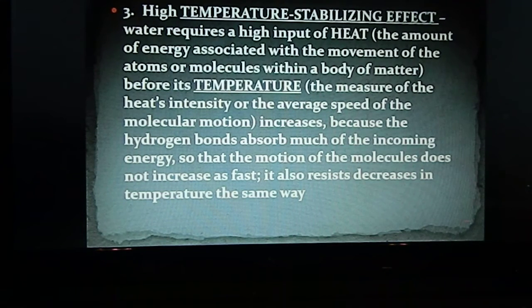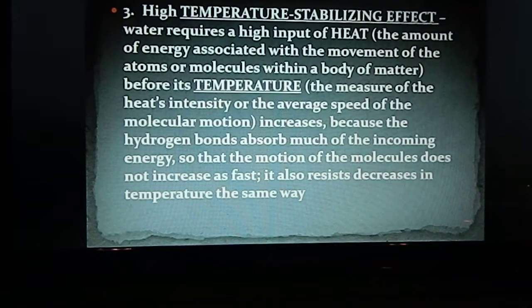So this temperature stabilizing effect is really important. Now, you do not do this, but if you put, for instance, ethanol in a container and heated it up, the temperature increases quickly as the heat is introduced to the liquid.